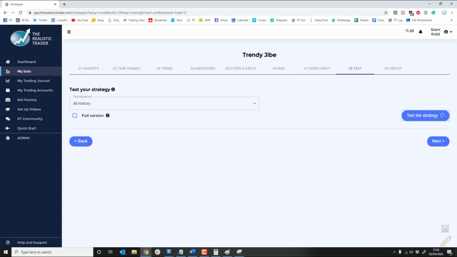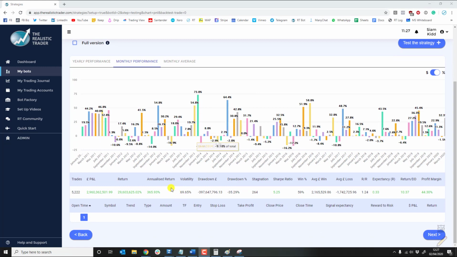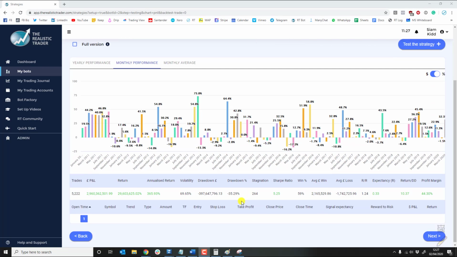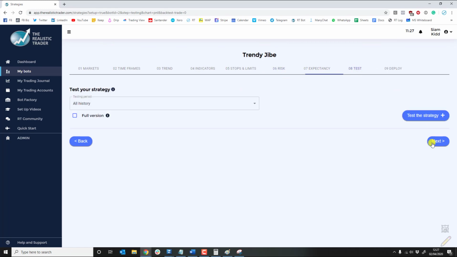Let's try that. Okay, here we go. Look at this, still not even up to that 36, so we can tweak it up a bit more, 6.5, and then let's call it a day there.